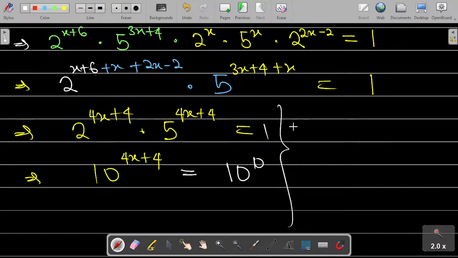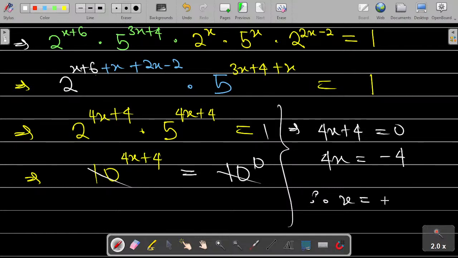So equal bases will go, and you have 4x plus 4 equal to 0. Take 4 to the other side, you will get 4x is equal to minus 4. Divide both sides by 4, and you get that x is equal to minus 1. Wow, that's beautiful.